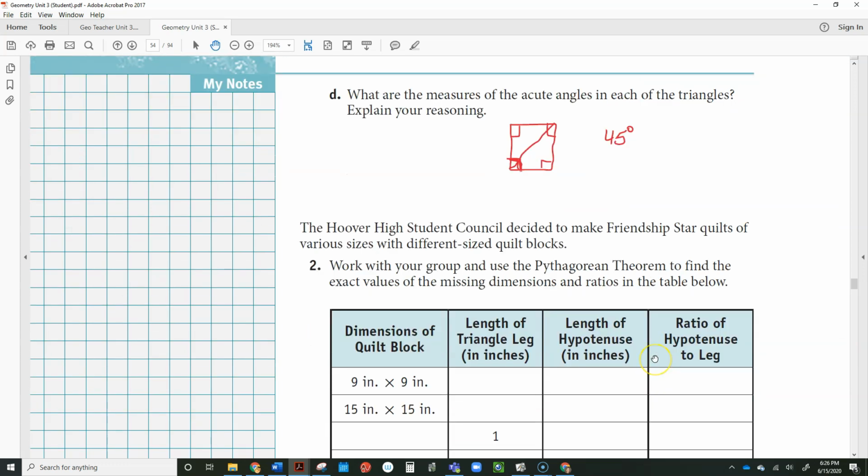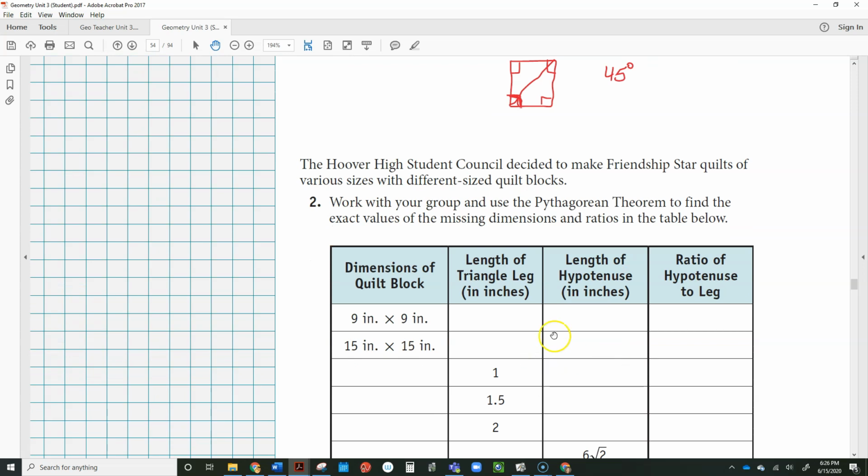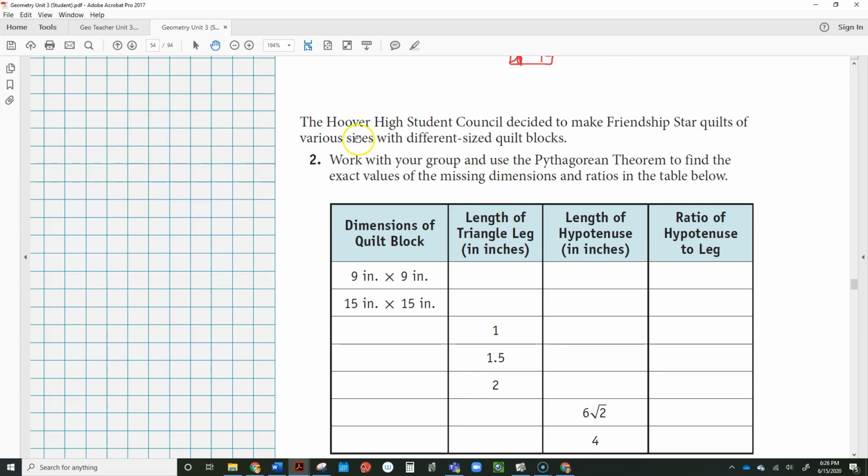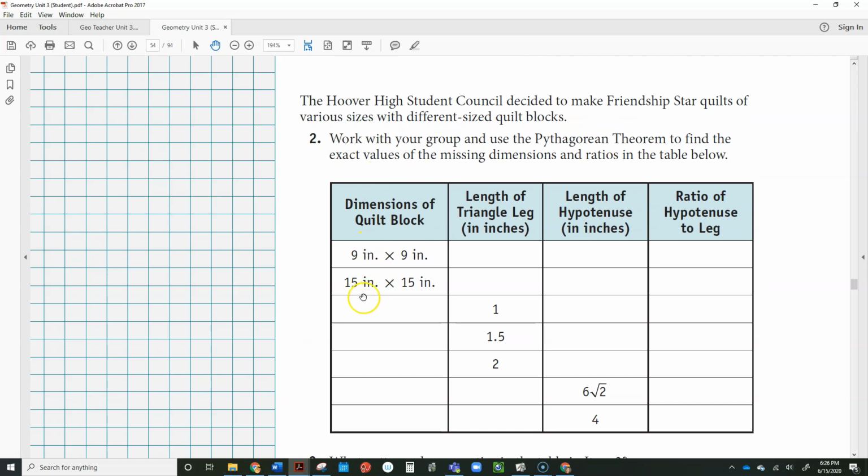So the student council is designing the different quilt blocks, and they want us to find the length of the leg in inches. So this quilt right here is a 9x9.